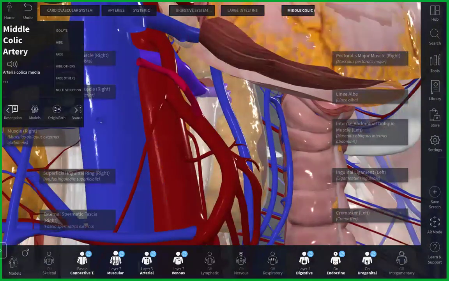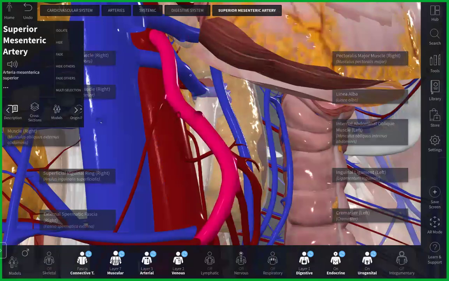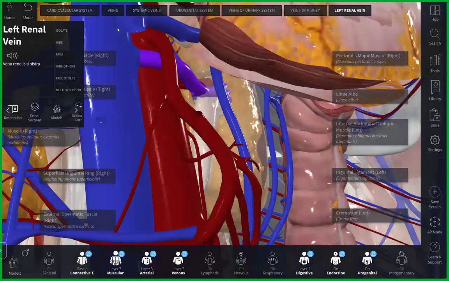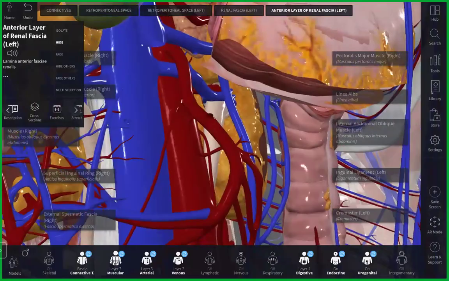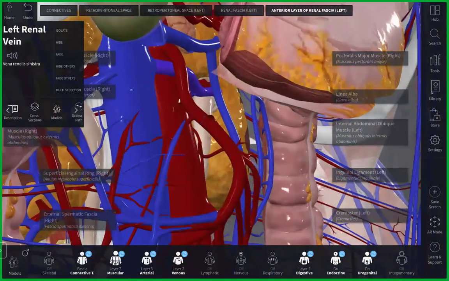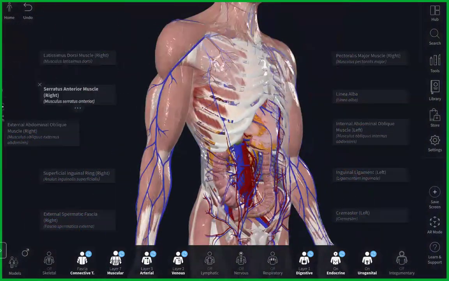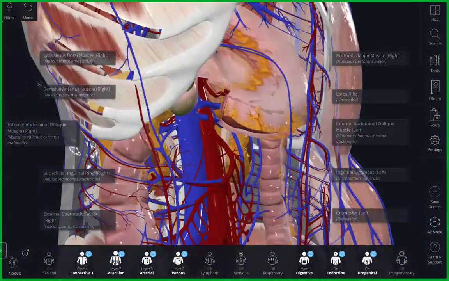What's the problem, guys? If the superior mesenteric artery dilates, behind it we have the left renal vein. And you can see that the left renal vein is slightly bigger than the right renal vein.